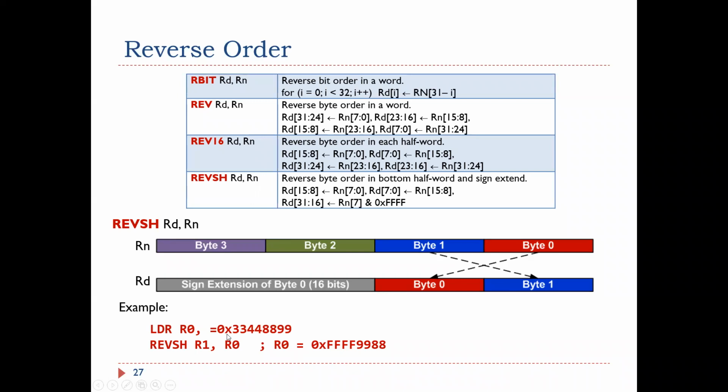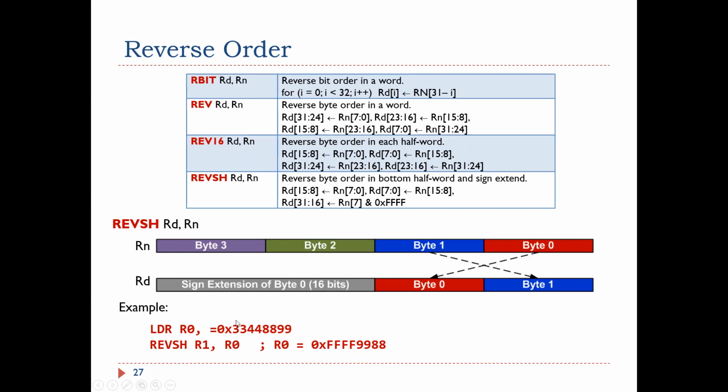Let's take a look at the same example here. This one is a bit different, but let's assume R0 equals the value 33448899, obviously in hex. If we do REVSH R1, R0, we are doing the reverse byte order in the bottom half word and sign extended of R0.